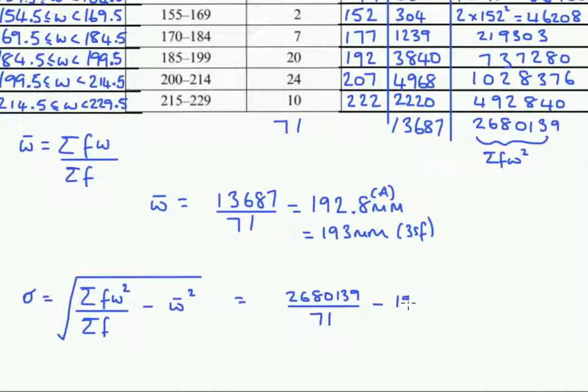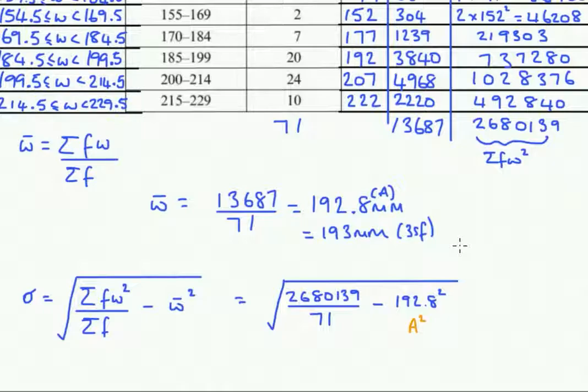So minus 192.8 squared, and all of that needs to get square rooted. Now, when I type this into my calculator, I'm not going to type 192.8 squared, I'm going to type in A squared, because I saved A as the full real value of that number. And that's going to give me the most accurate answer I can get.